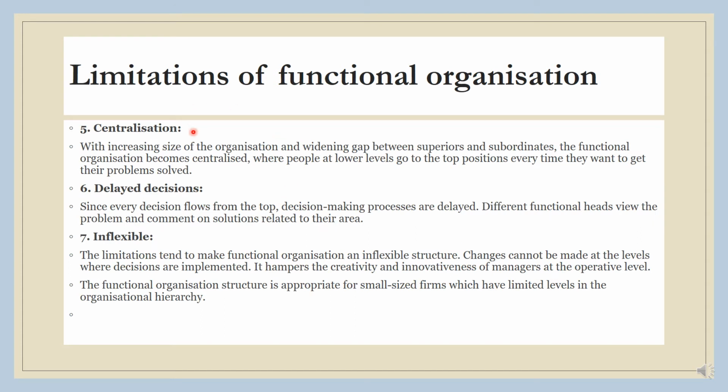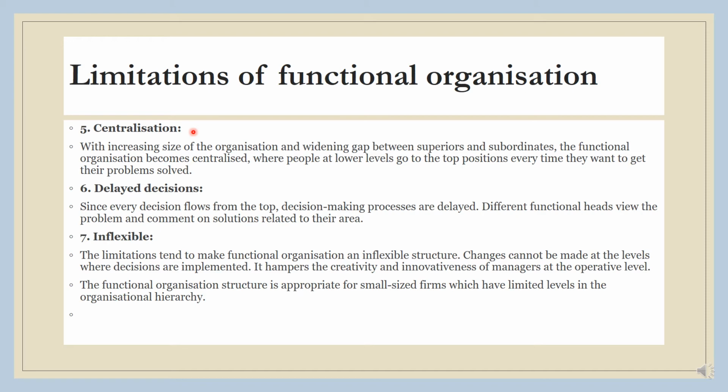Then centralization. With the increased size of the organization and the widening gap between superiors and subordinates, the functional organization becomes centralized, where people at lower levels go to the top positions every time they want to get their problem solved. As I told you, their responsibilities, their accountabilities, their authorities are intermingled.